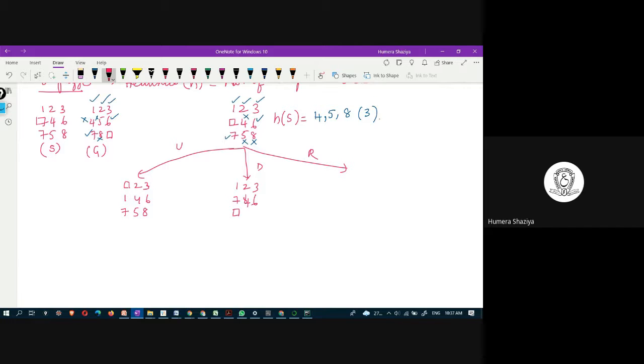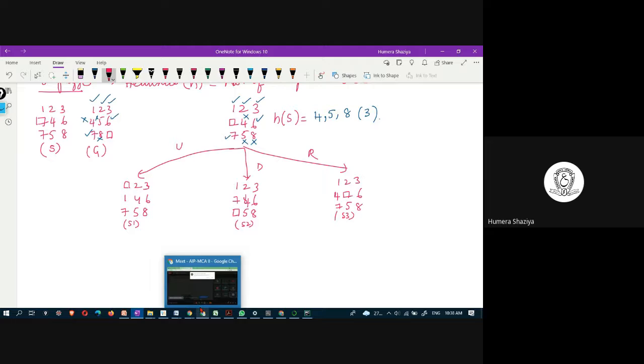Right is 1 2 3, 4 empty 6, 7 5 8. Will anyone tell me the heuristic h of S1? This is successor one, S1, S2, S3.